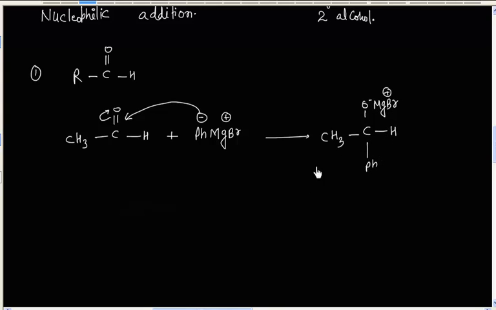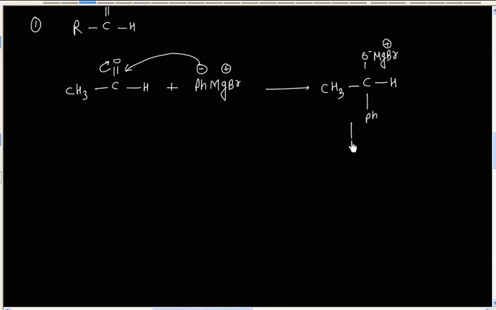If I acidify, acidification can also be done with water. If I simply add water, this salt will be converted into alcohol. So water is enough for acidification. You can also take dilute acid. So we have a 2-degree alcohol.